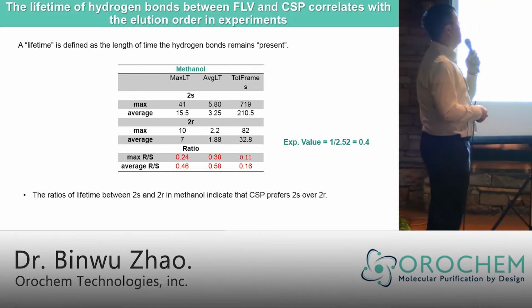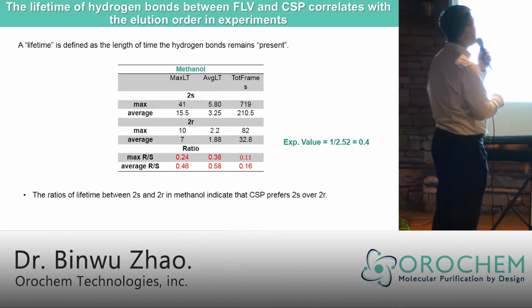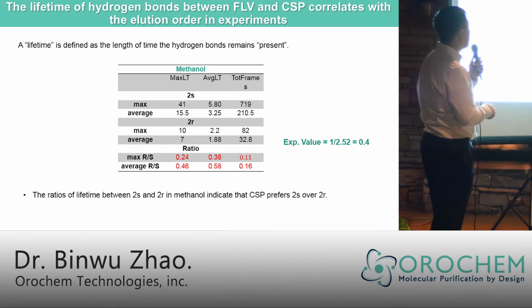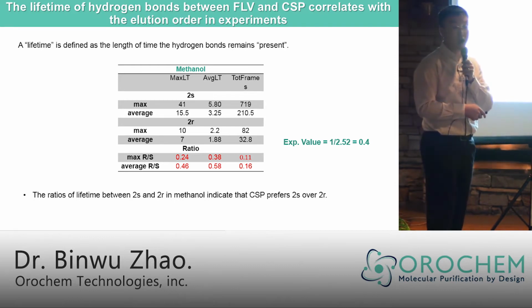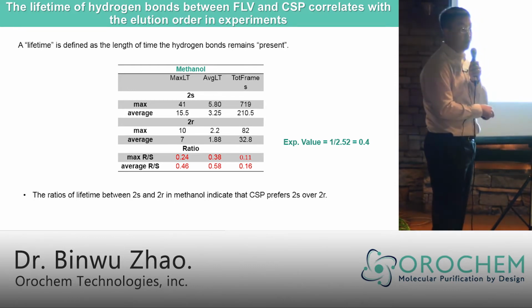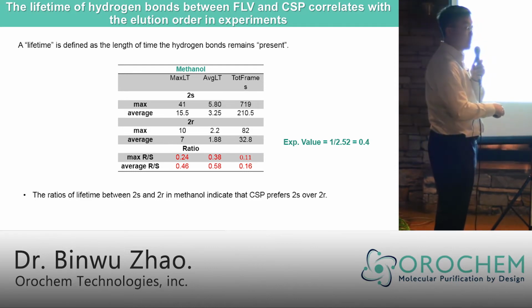And then we see if we can correlate any of these quantities with the selectivity observed in experiments. And the lifetime of hydrogen bonds between flavanol, that is the first molecule that we study, and the CSP correlates with the elution order in the experiments. We have calculated the maximum and average of lifetime. We take a ratio of R over S. All of these values are smaller than 1, as well as the experimental values, because it's R over S, and it is smaller than 1.